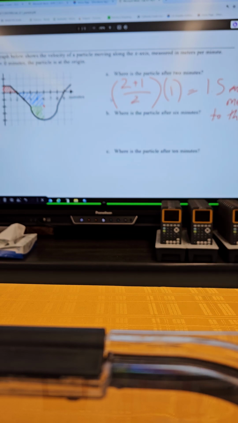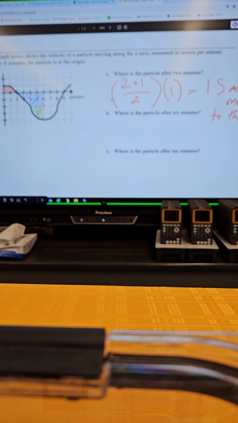Okay, so what is the area of the red figure? The area of this is 1.5, right? The red color area is 1.5. How about the blue color? What's the area? 1, 2, 3, 4. And 1, 2.